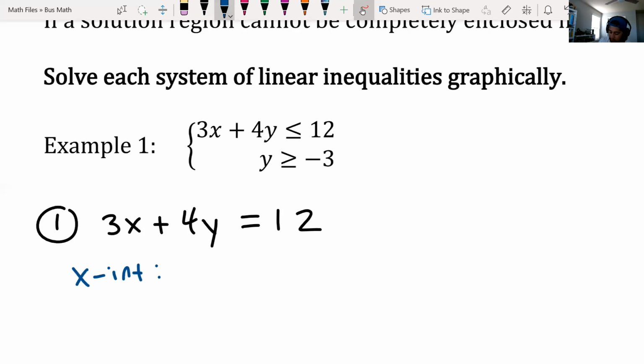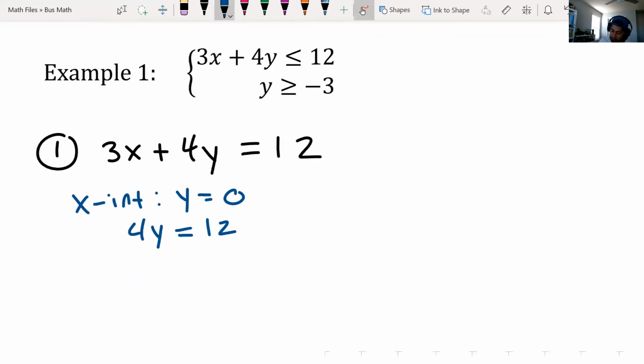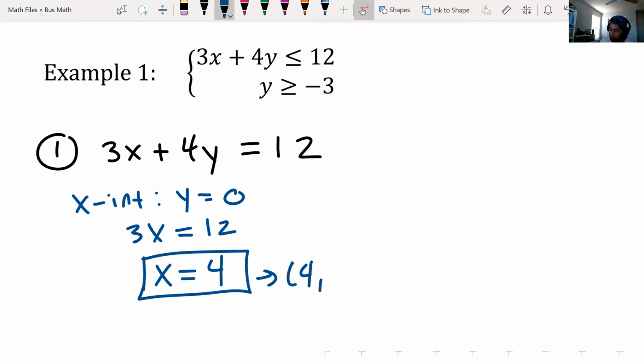For the x-intercept, you let y equal 0, and you'll get 3x equals 12. Divide by 3, and x will equal 4. This creates the point (4, 0).